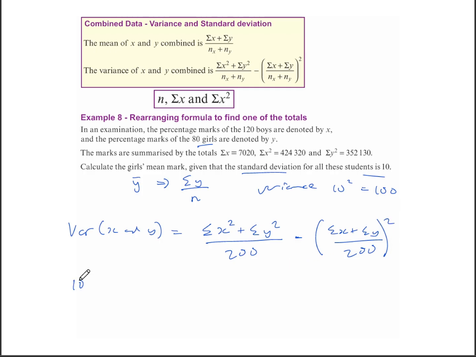The variance we know is 100, and that is equal to the sum of x squared, which we know is 424320, plus the sum of y squared, which is 352130, which is divided by 200.